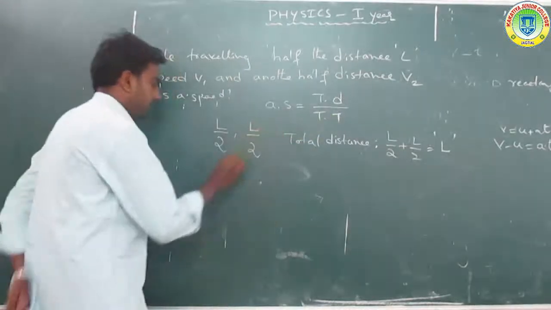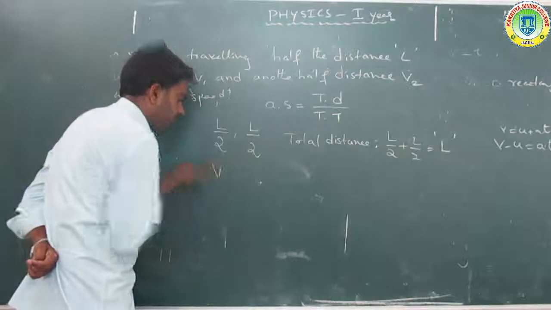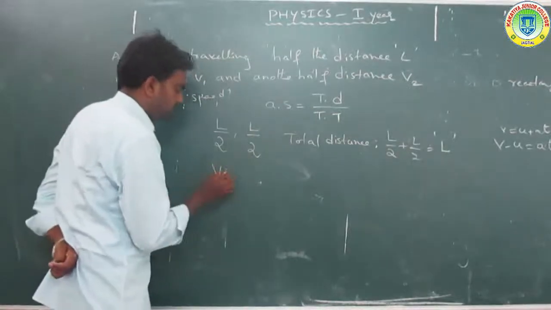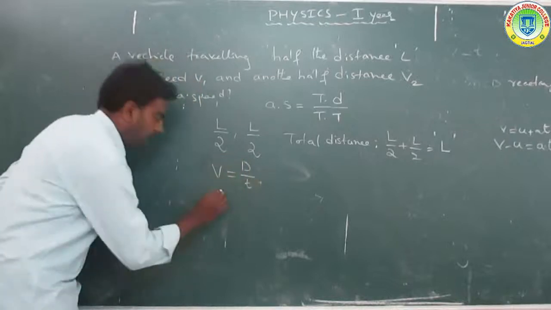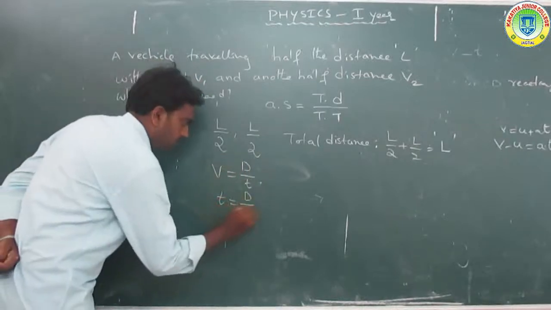Now the total time taken. The general formula: velocity is equal to displacement by time, so time is equal to distance by velocity.